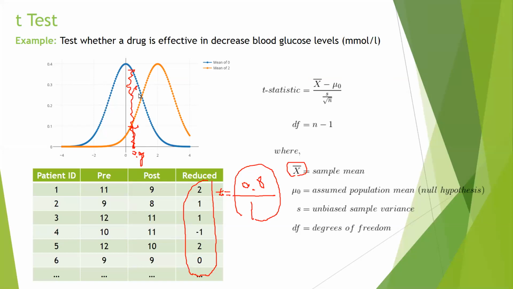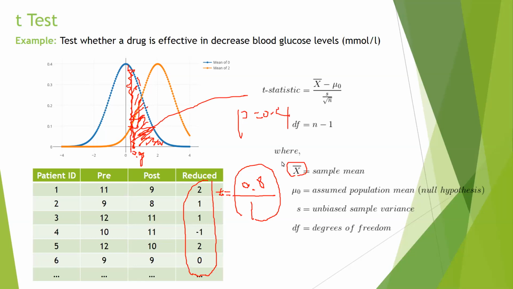Remember the p-value represented the area under the curve, the blue curve. The area under the blue curve which is beyond your test statistic. Beyond your test statistic means on the right-hand side, right? Under the blue curve, so this p-value will give you what number? Something like 0.4, right?